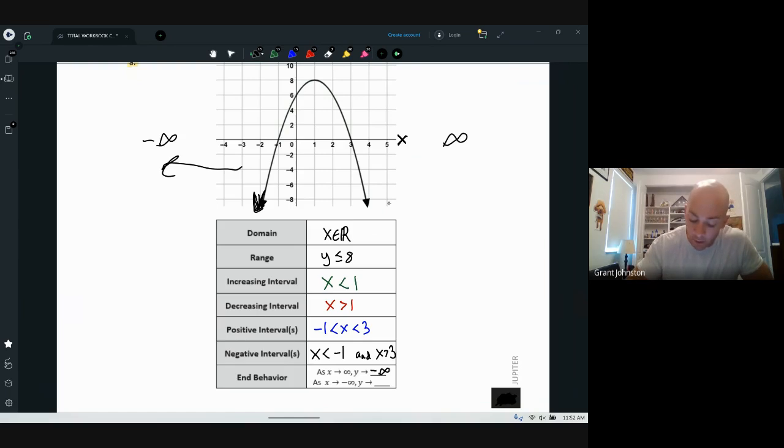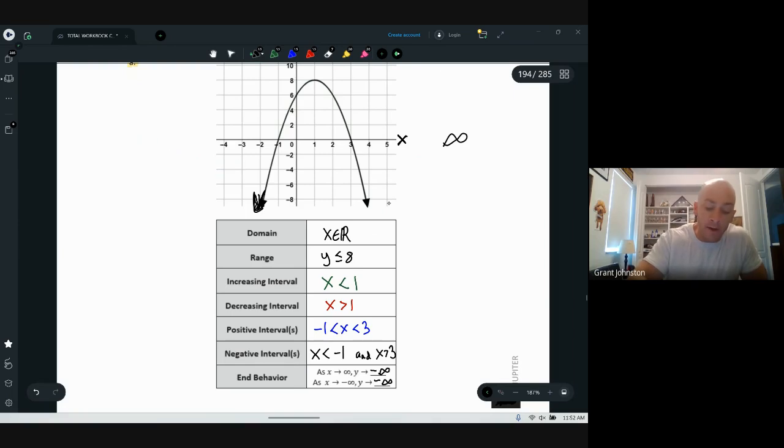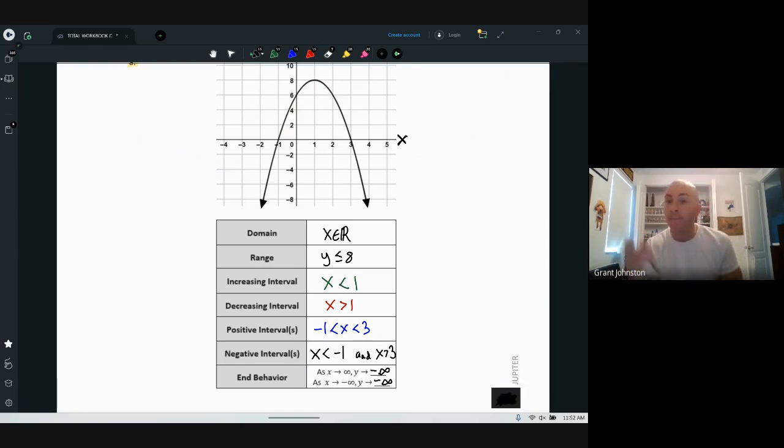This is also going down to negative infinity. So the end behavior in both directions, to the right and to the left, is down to negative infinity. In both directions, the end behavior is negative infinity.